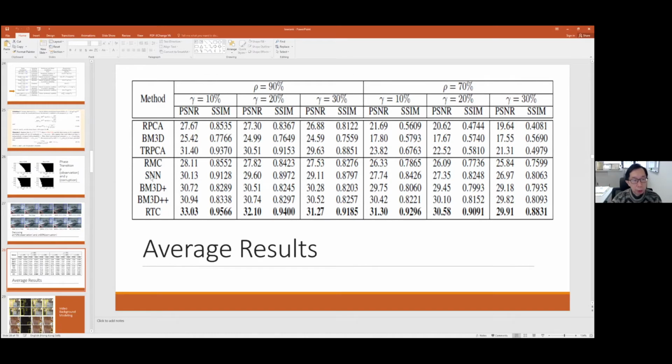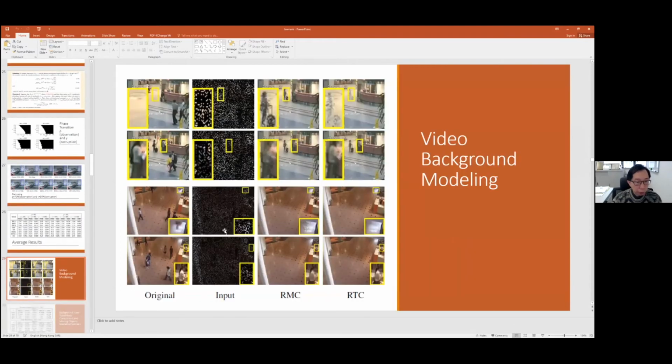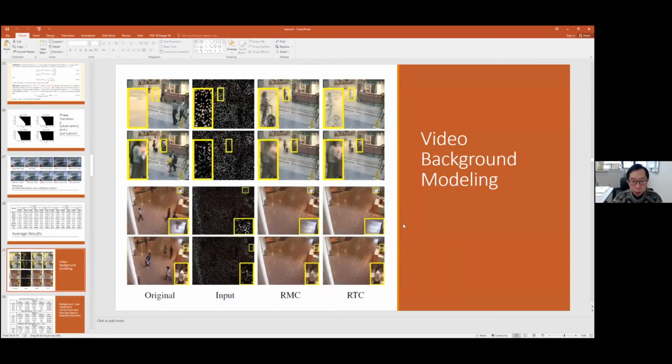Actually, SNN is one of the main competitors, using the Tucker decomposition to find the low-rank tensor recovery. We also have some video background results.